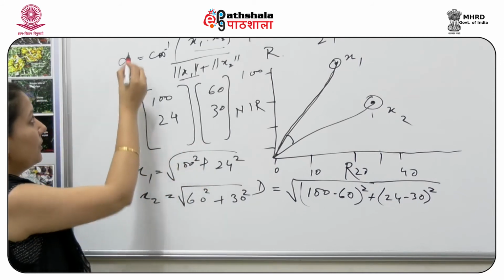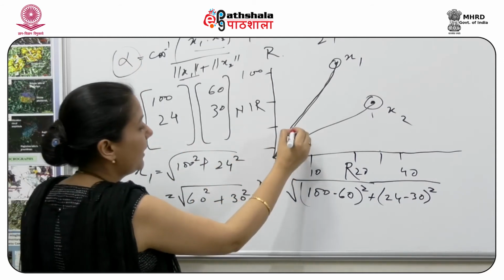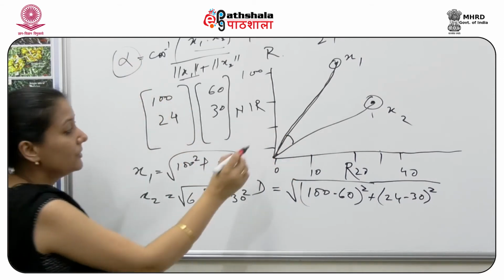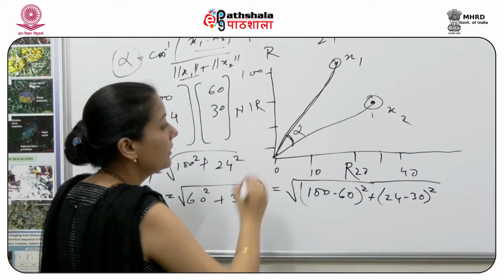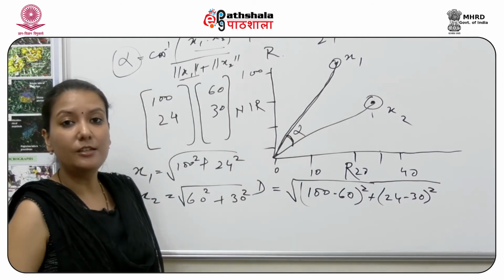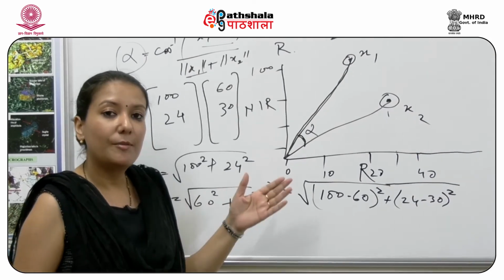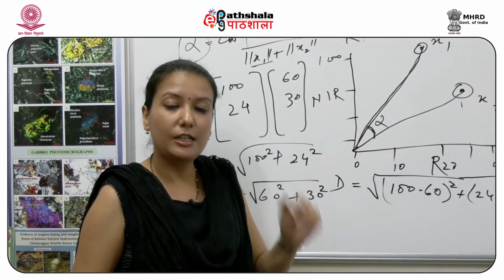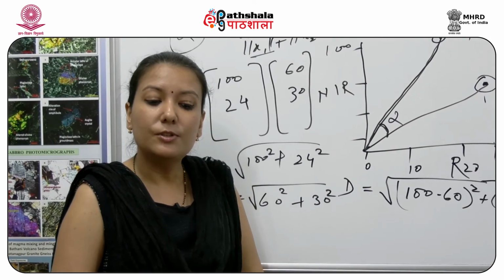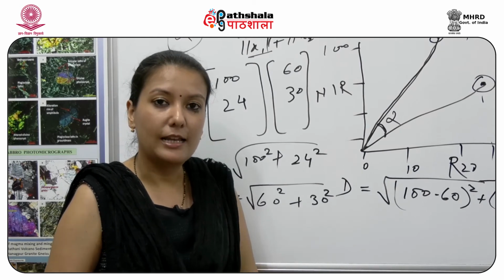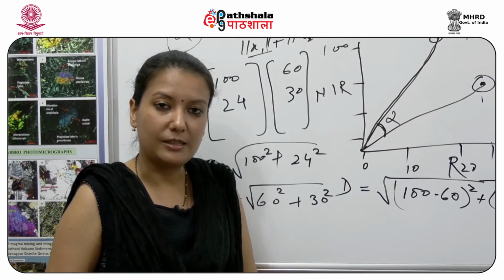So the calculation of this gives you an alpha angle which is represented here. So you get the direction of the change in magnitude which happened from T1 to T2. So this was your change vector analysis or the mean vector analysis method.